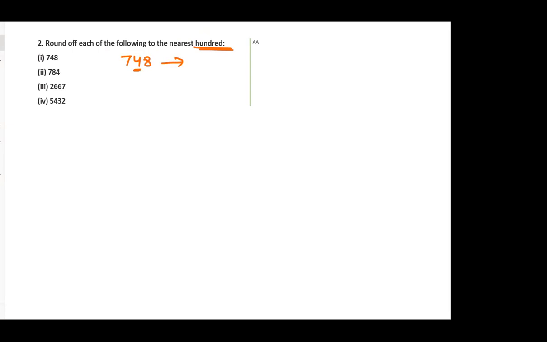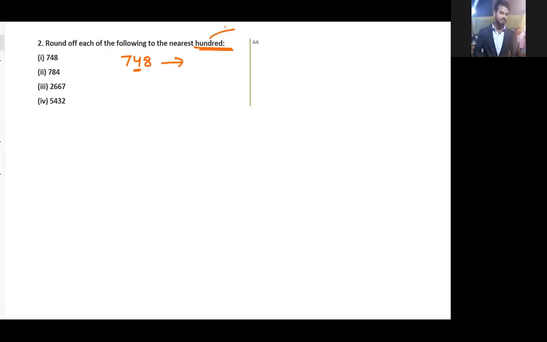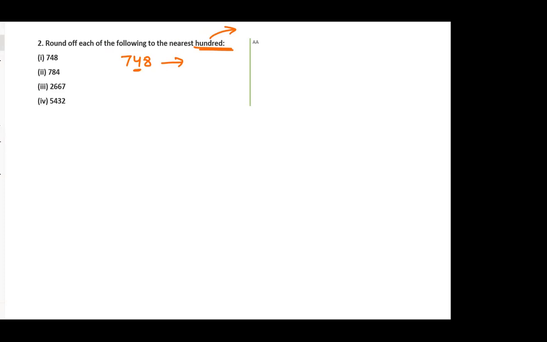Clear? I mean to say that if you have to round off the number to the nearest 100, then you will underline the number which is at the 10th place. If you want to round off the number to the nearest 1000, then you will underline the number which is at the 100th place. Okay, clear?